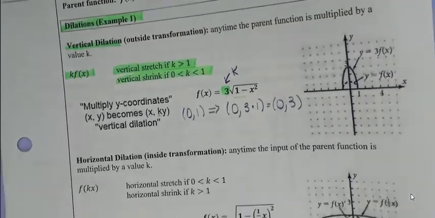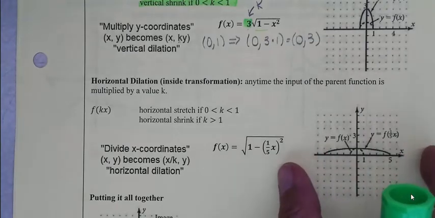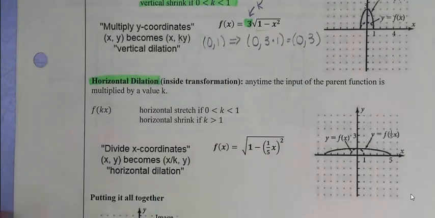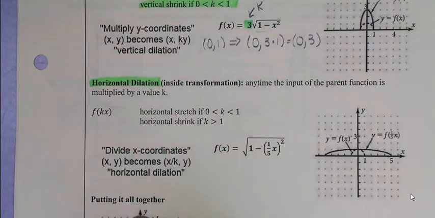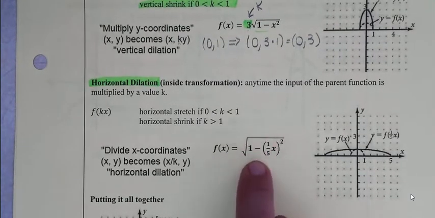Now we also have horizontal dilation, where we stretch it horizontally. A horizontal dilation is called an inside transformation in your textbook, and the reason for that, look at what we've done here. We still have the same exact parent function, but we've multiplied the input by something.